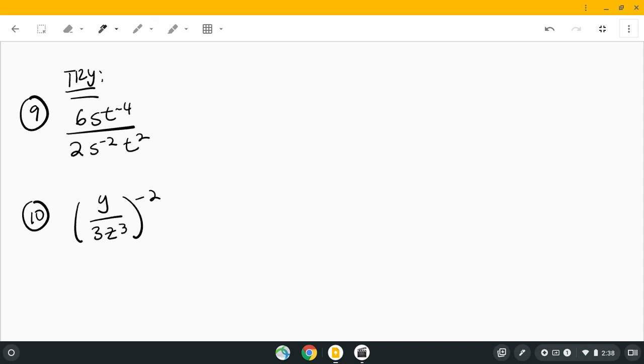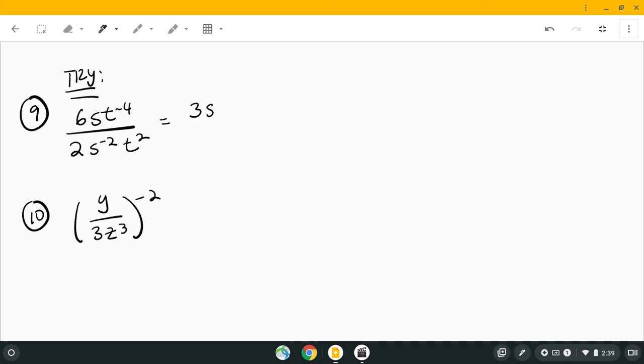Okay, so different ways to do these problems, different ways to start. Some people like to just work with the exponents that they have. I like to turn my negative exponents into positive exponents first. I like to move everything around. You don't have to do it that way. It's up to you. Okay, 6 divided by 2 right here is 3, so I'll take care of that.